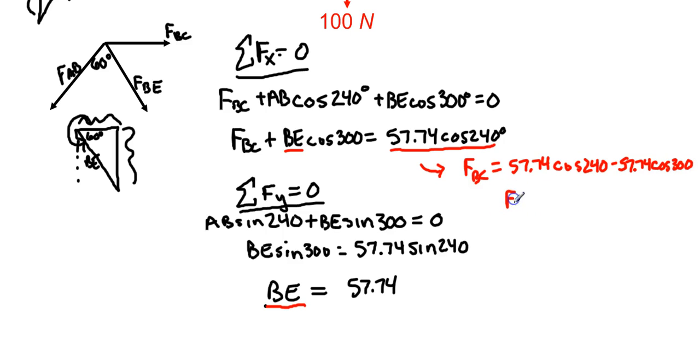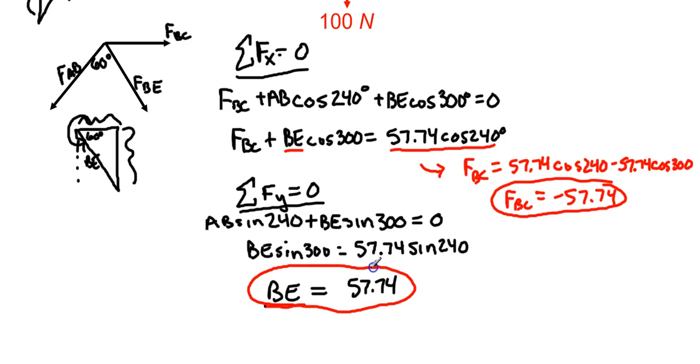Solve for the force of BC by plugging that into your calculator, and you get a negative 57.74. So we got that guy, and we got that guy.